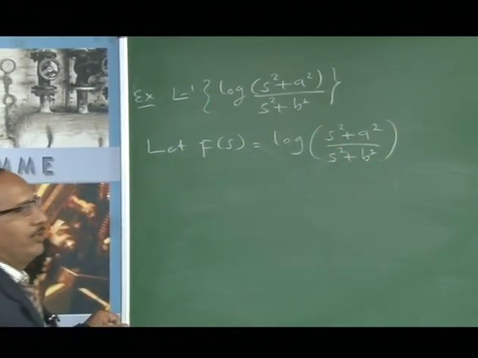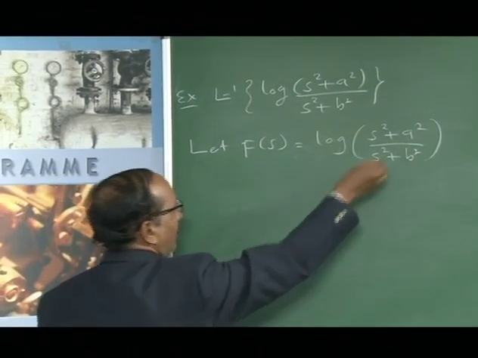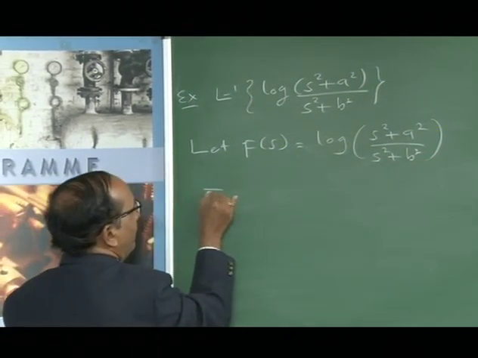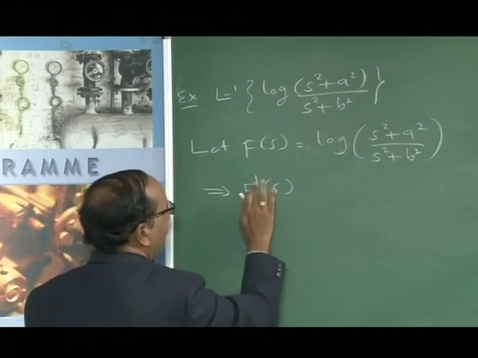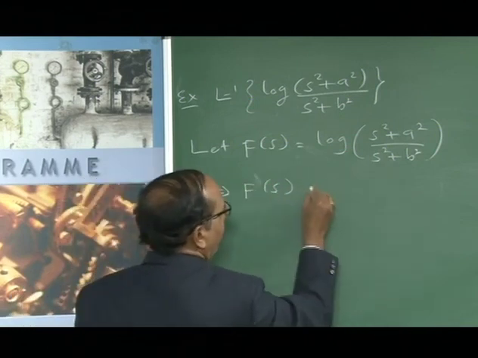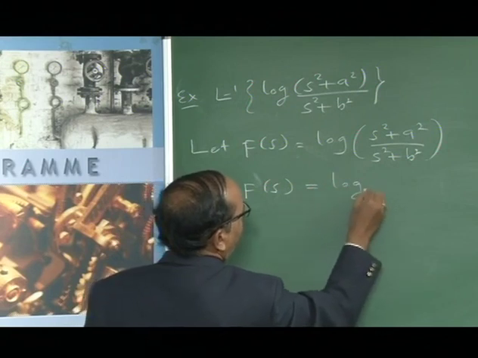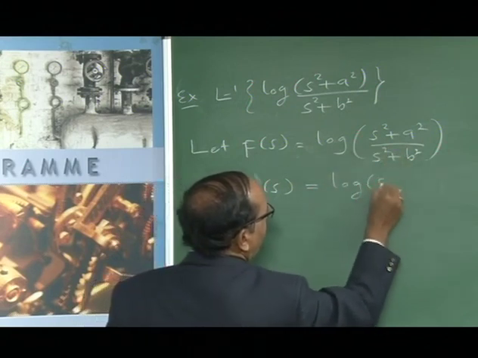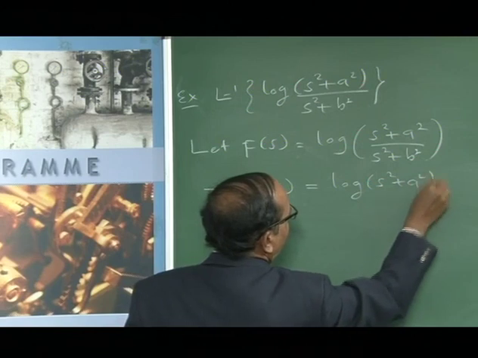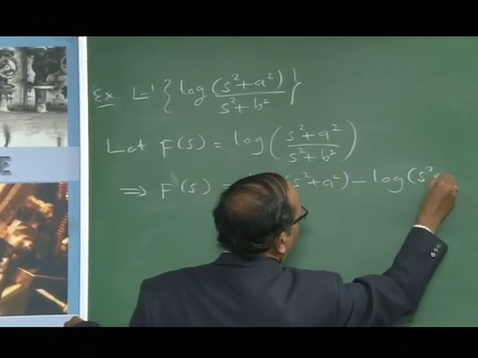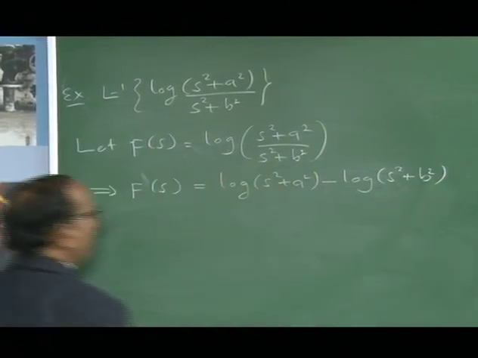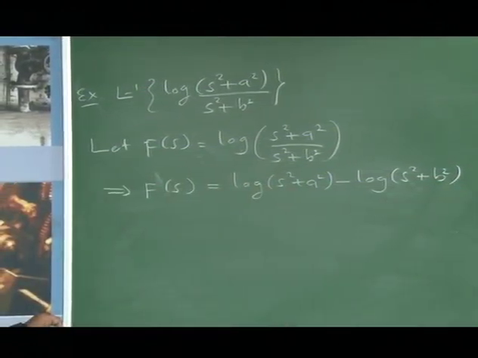At this moment we do not know the inverse of this logarithmic term. For that, I differentiate to get f dash s. Before the differentiation, we simplify using the logarithmic property: log of a divided by b is log a minus log b, so it is log of s square plus a square minus log of s square plus b square. So, using the logarithmic property, it is written.